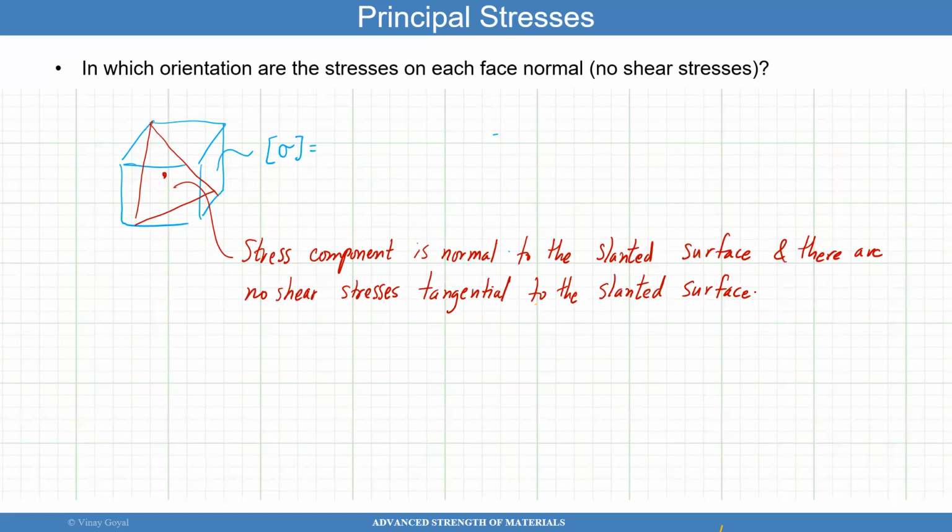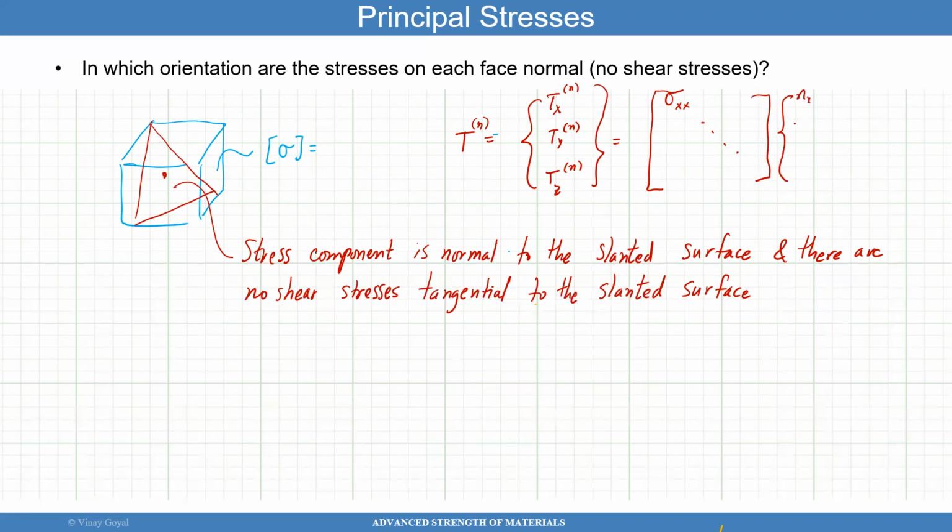What I'll do then is look at Cauchy's relationship again. I know that the tractions on a surface with normal n, Txn, Tyn, Tzn, is equal to sigma xx, etc. We've seen this already, and it has a normal nx, ny, and nz.